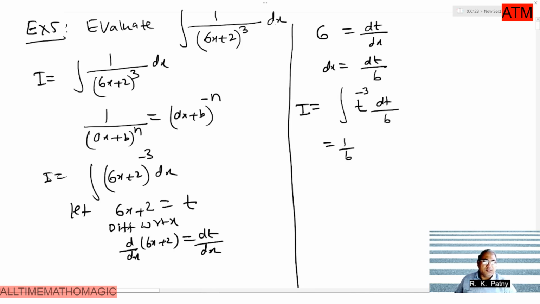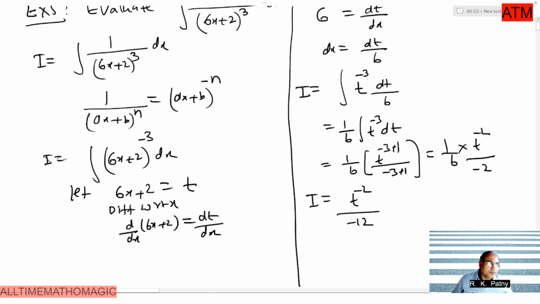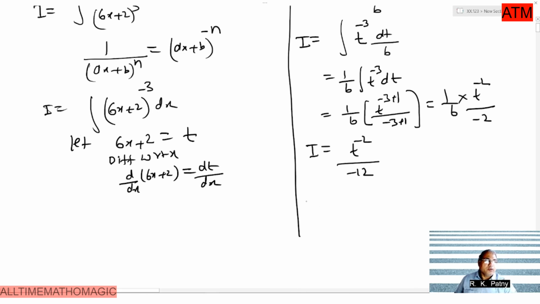So 1 upon 6 outside, integration of t raised to minus 3 with respect to t equals 1 upon 6, integration of t raised to minus 3, which is t raised to minus 3 plus 1 upon minus 3 plus 1. That equals 1 upon 6 into t raised to minus 2 upon minus 2. So I equals t raised to minus 2 upon minus 12, that is minus 1 upon 12 t square.